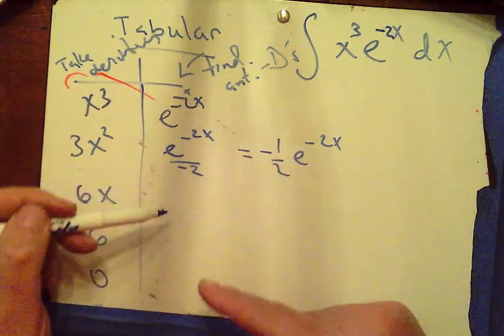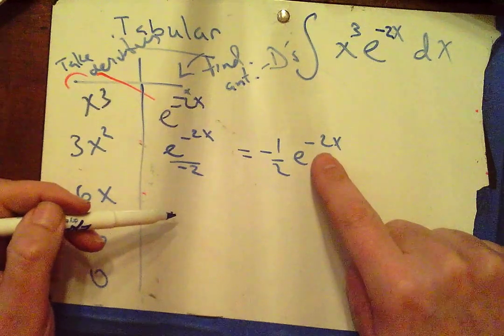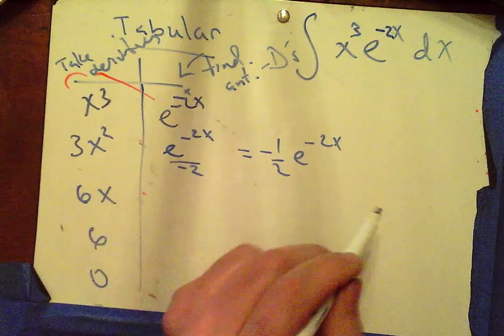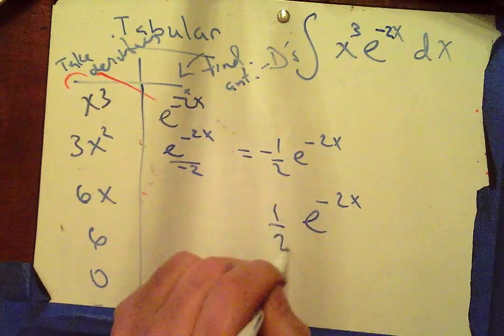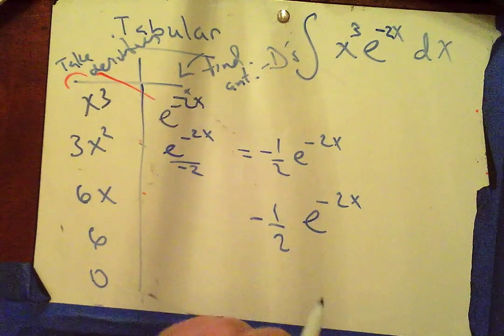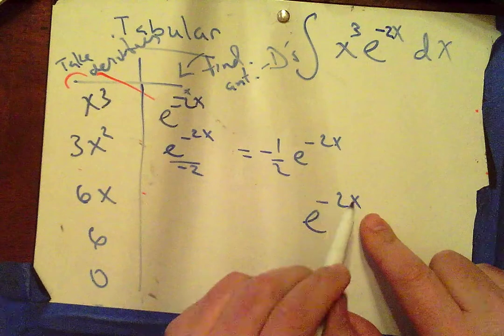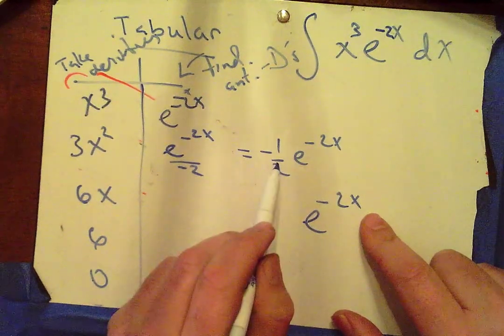Now, when I go backwards again, that same thing is going to happen. I'm going to need another negative 2. Let's imagine that this is my antiderivative, and I bring down that negative 2. But I see a negative 1/2 here.